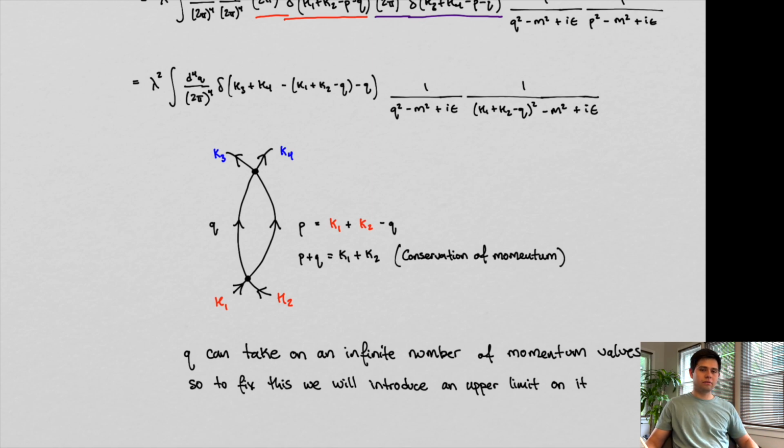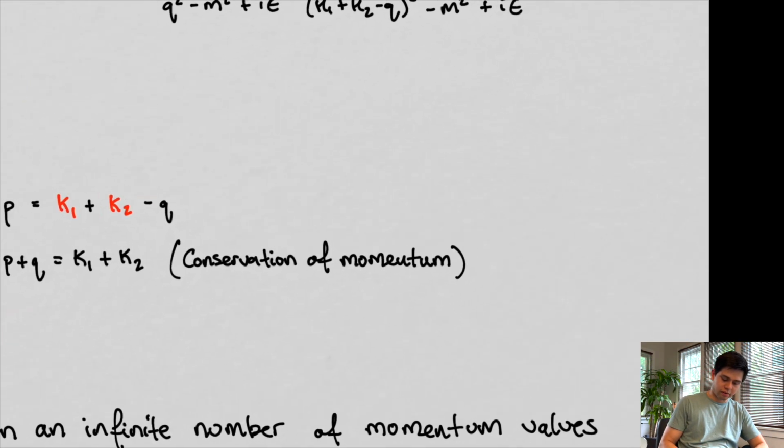And what we're going to find is something very interesting, because I'll allude to it right now. This Q can take on an infinite number of momentum values. You can imagine you have two particles, each with some momentum, and they come at a space-time point. The only rule we need to abide by is that the momentum at the initial state and the momentum at the final state match. Here, I'll draw this as a picture.